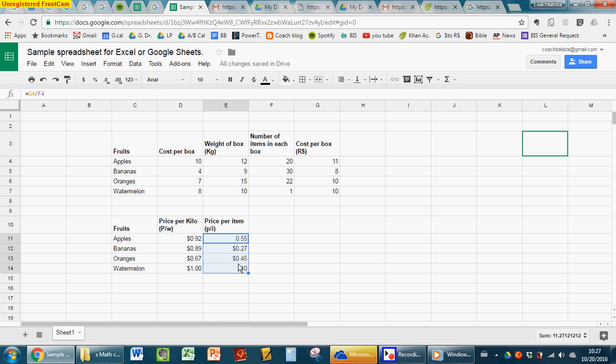Actually, let's do that for all of them because this is money. This is price per item. So one apple costs 55 cents, one banana costs 27 cents, one orange costs 45 cents, and one watermelon will cost 10 reais. So the watermelon is the most expensive item per item, but also the watermelon is the biggest one. So anyways, you can do all kinds of calculations.